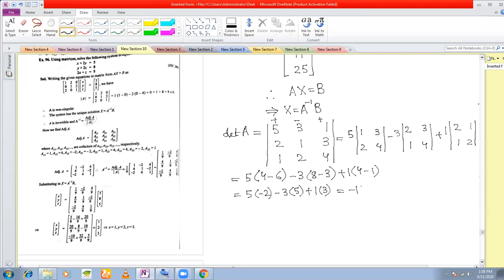So this is minus 10 minus 15 plus 3, which is minus 18 plus 3, which is minus 15, which is not equal to 0. So this shows, therefore, A is a non-singular matrix.